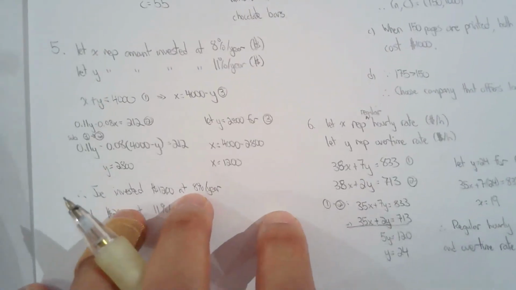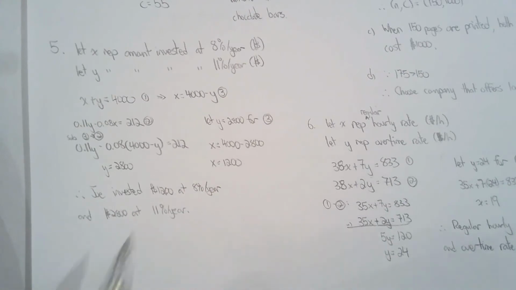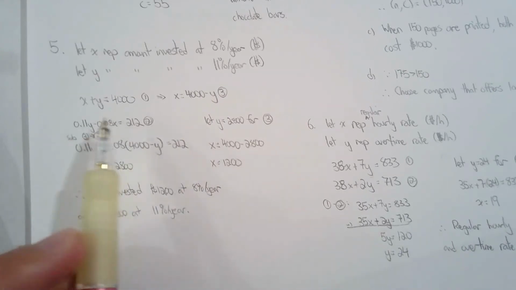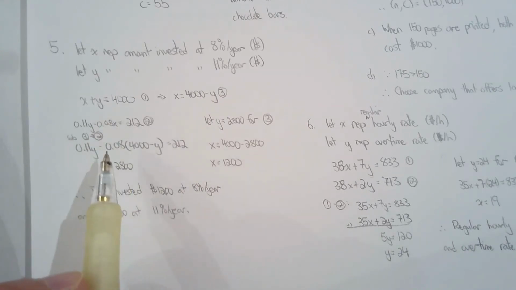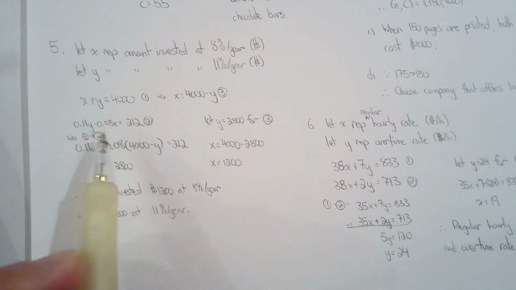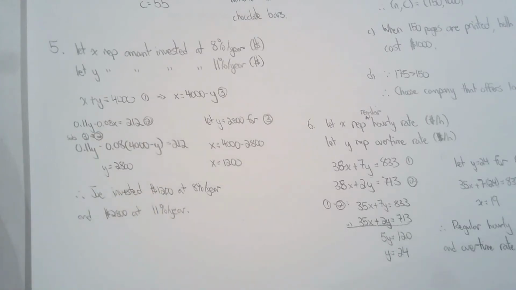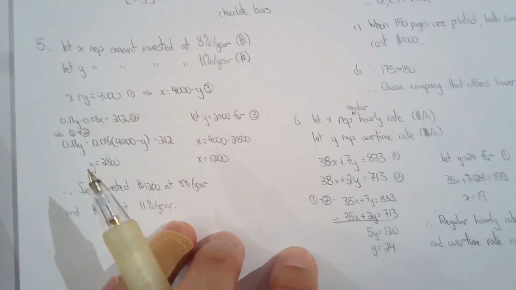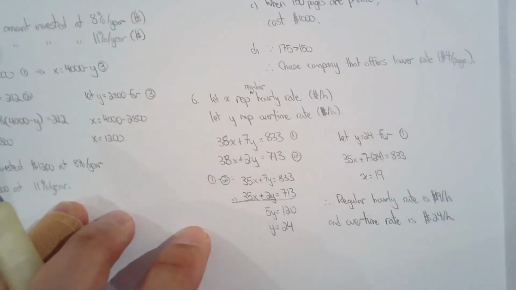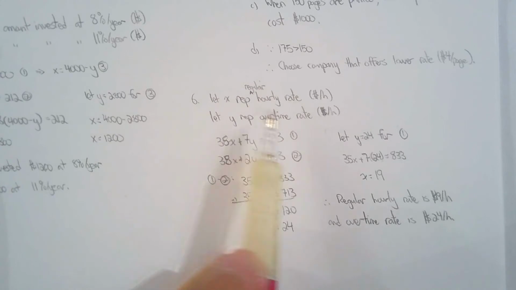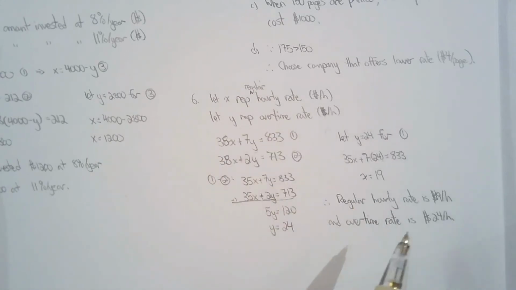Okay, number 5. Oh, this is an investment problem, so not much to say. The total investment is $4,000, and the 11% investment does $212 better than the 8% investment. Okay, so it's number 6. Oh, we have a regular hourly rate and an overtime rate.